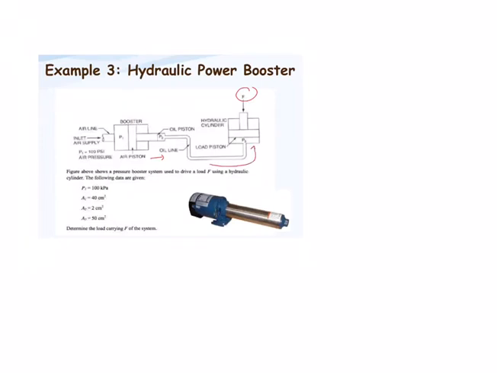Which means air enters the booster cylinder, and it will extend the booster piston or booster ram to the other side, and then transfer the oil into this hydraulic cylinder, then extend the piston rod going upward.